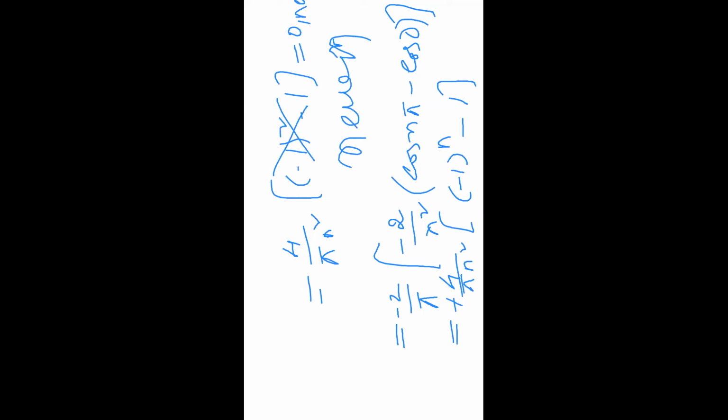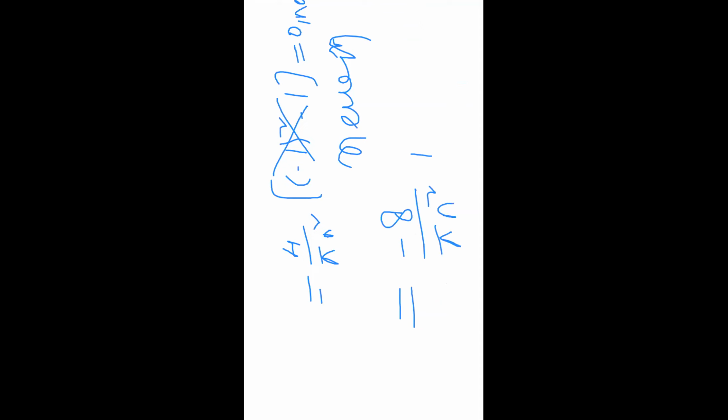Next taking n as odd. So minus 1 and minus 1. Minus 1 minus 1 is minus 2. So minus 2 into 4 that equal to minus 8 by pi n square, when n is odd.